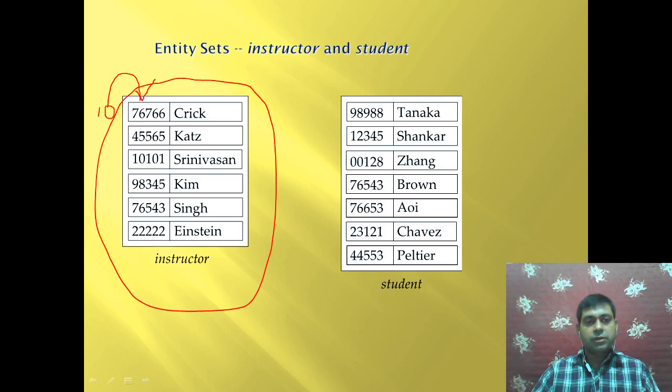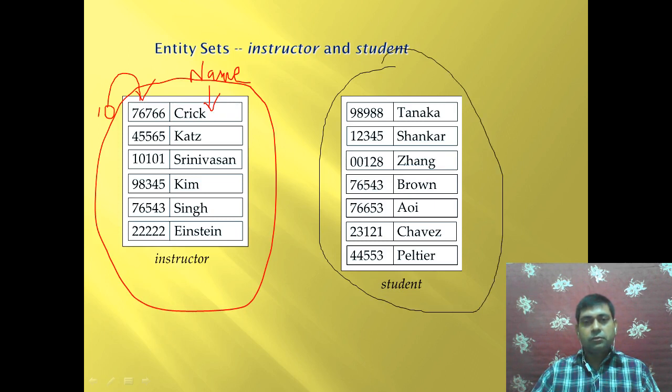This column contains the IDs, and in the next column, the names. So, these are the instructor names, fine. Now, here this is the student table, where this is the student roll number or ID, and this is the name of the student.